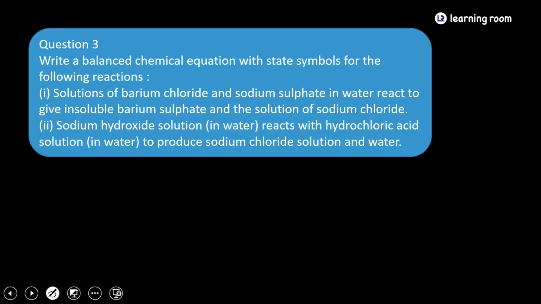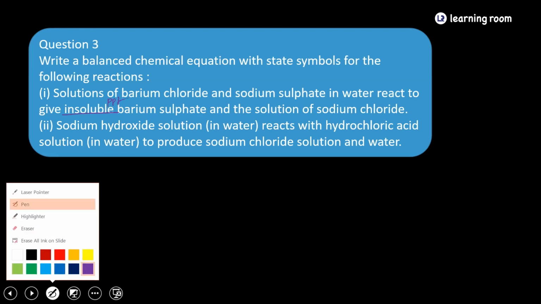Write a balanced chemical equation with state symbols for the following reaction. A solution of barium chloride and a solution of sodium sulfate in water react to give insoluble barium sulfate and a solution of sodium chloride. Insoluble is precipitate. Yes, very good. Insoluble means it's called a precipitate. So we can write that.